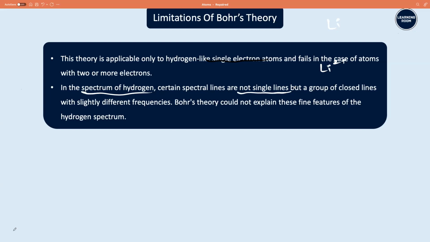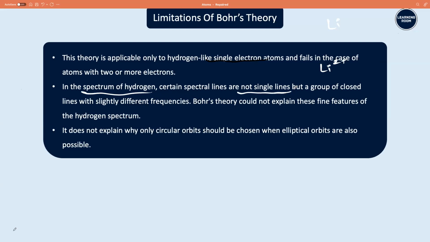The third point is, what is the shape of the orbit he mentioned? It's a circular orbit. But he never gave a reason why only circular orbits should be chosen when there is a possibility of elliptical orbits. Like how the planets revolve around the sun in an elliptical orbit, he never mentioned why it should not happen in an elliptical orbit also.